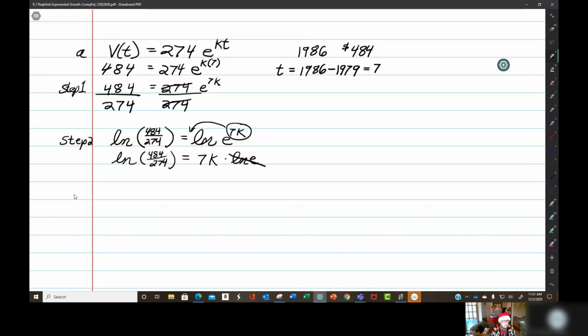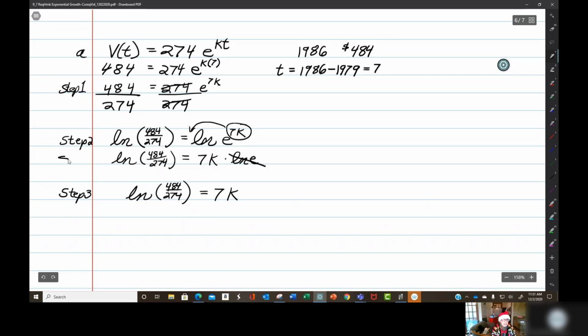So, step 3. I think I'm losing my steps. I don't know. Step 3. That's why I say 3 or 4 steps. We're going to have the ln of 484 over 274 equals 7k.